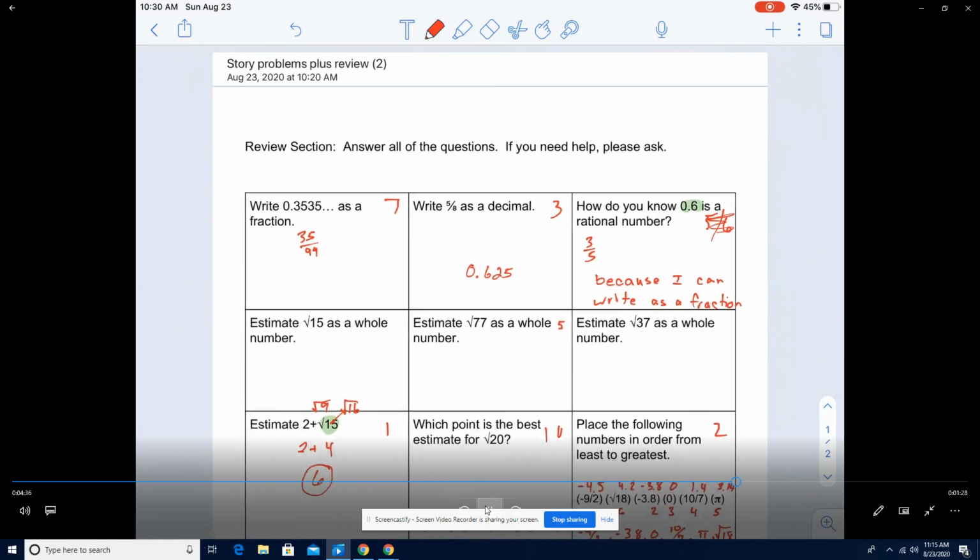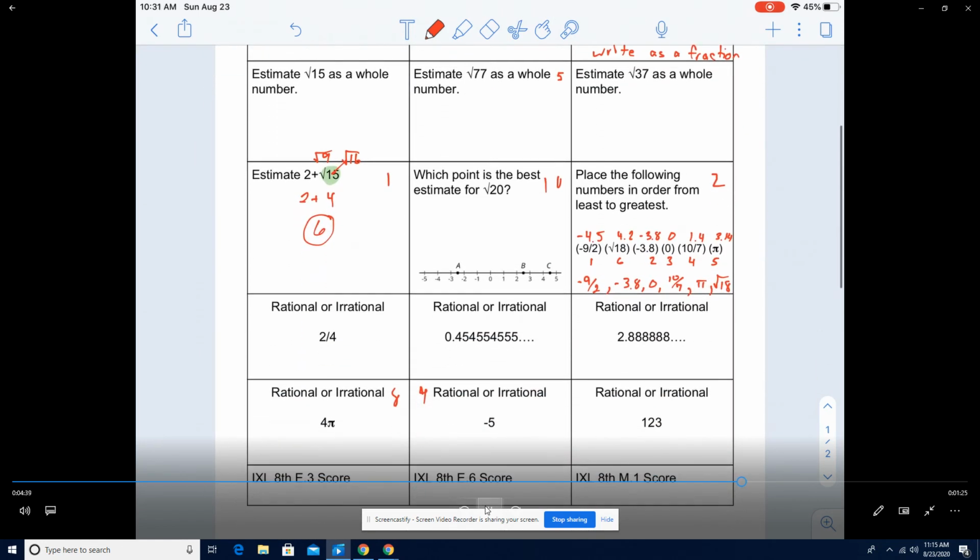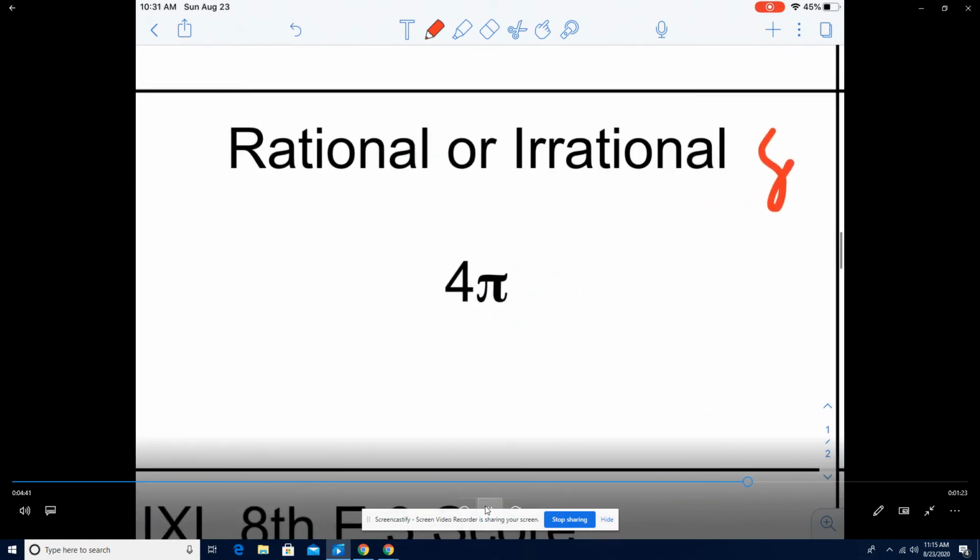Let's look at what other types of problems we have. How do I decide if a number is rational or irrational? Anytime it has the number pi in it, it is always going to be irrational. So we know for sure this is an irrational number. I cannot write pi as a fraction.